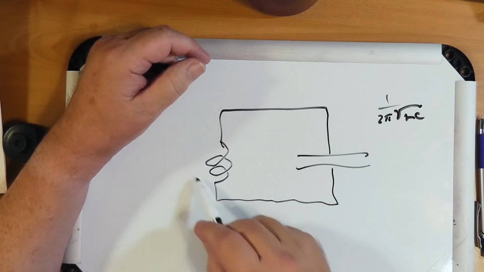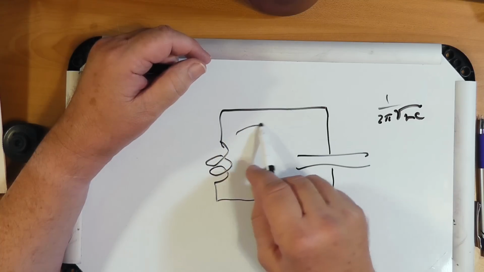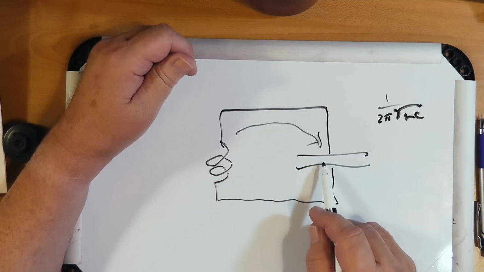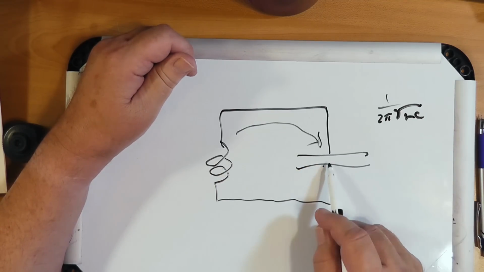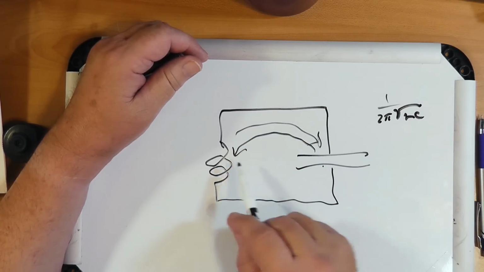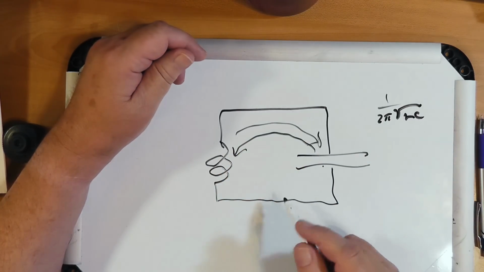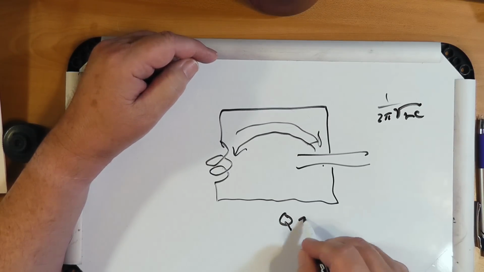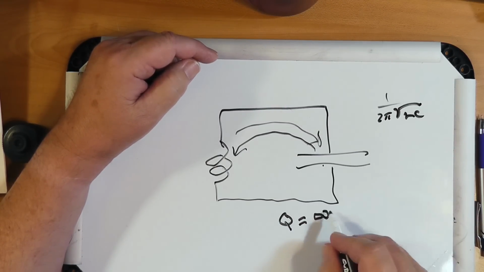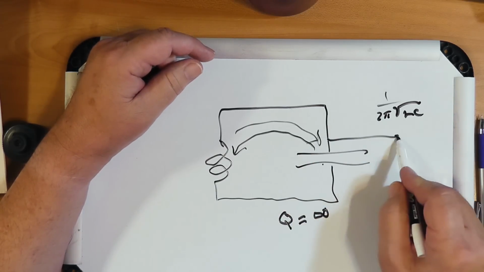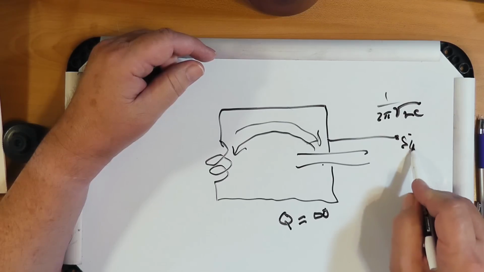You get this charged, and then its charge goes over here, and then this discharges, while this charges, then this discharges, sending the current back over to here, and they will sit there and exchange the current. If there is no resistance here, in other words, if the Q is infinity, it will continue to do this forever, and what you will get out of this will be a sine wave.